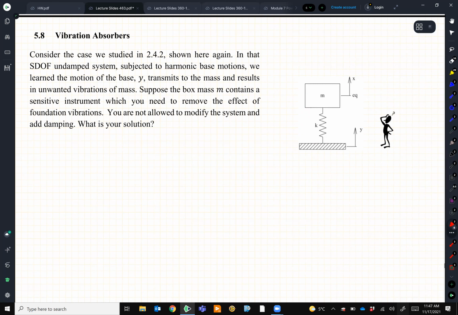This is our main system, this mass m. And let's say we have a base motion. For simplicity, let's say this base motion is y sine omega t. Harmonic base motion. What I want to get is, can I do something to end up with x equal to 0?